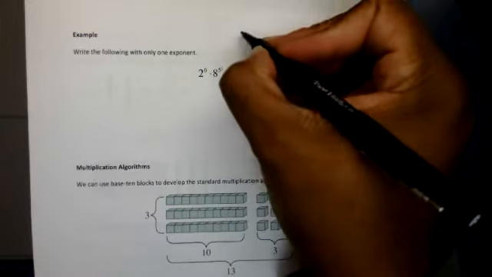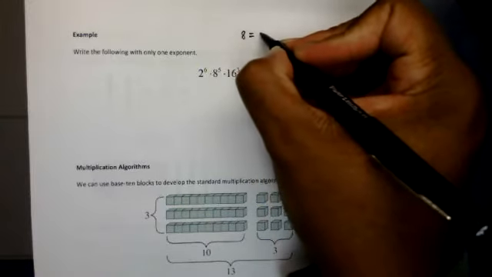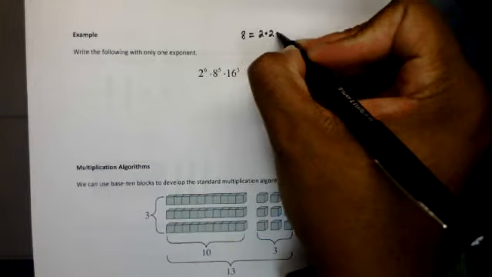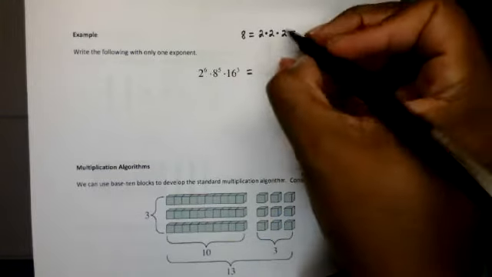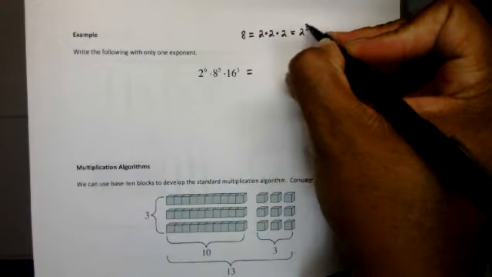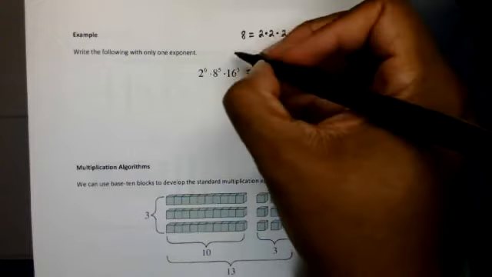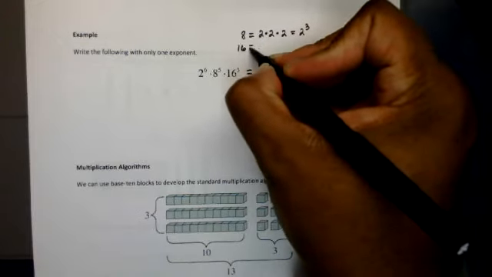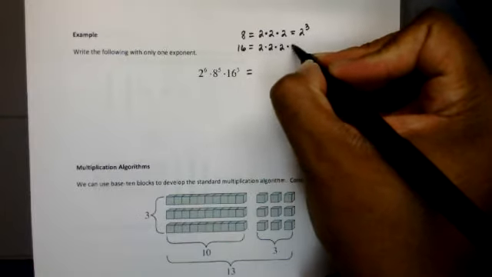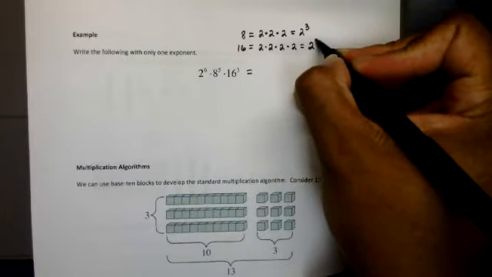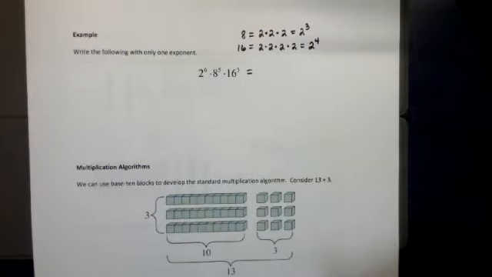I know this. 8 can be written as 2 times 2 times 2, which can be shortened as 2 to the 3rd. And 16 is going to be 2 times 2 times 2 times 2, or 2 to the 4th.